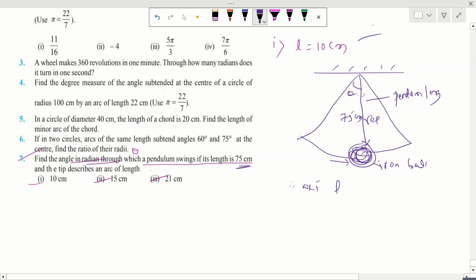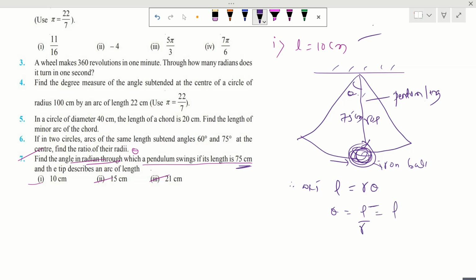So we know the formula L is equal to R theta, so theta is L by R. Here L is the arc length, and instead of R we take the pendulum length.